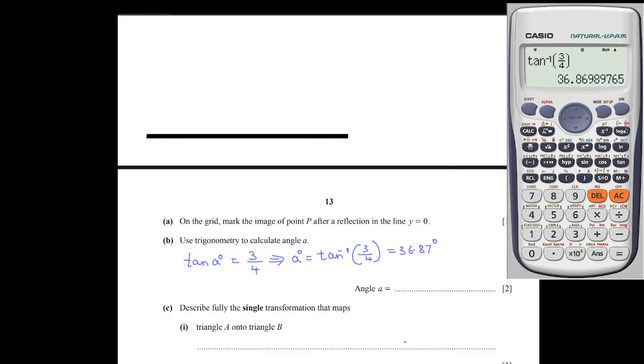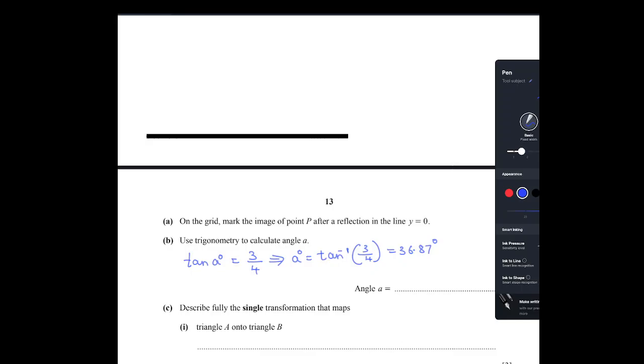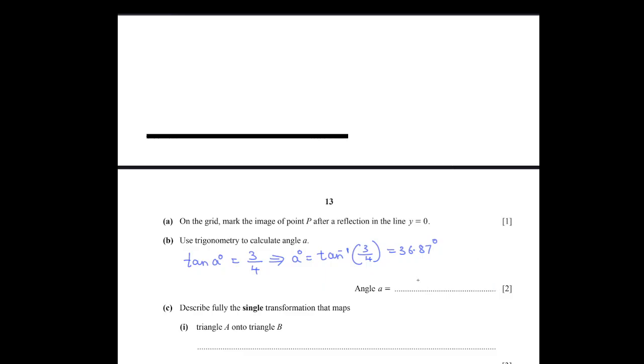Rounding to 2 decimal places, we can write 36.87. Okay, this is angle A.